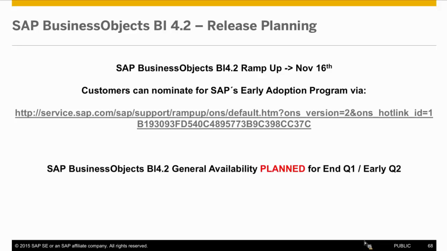But if you are running into issues during your upgrade from XI 3.1 or 4.0 into the BI 4.2 platform, we may turn down your support request because you're running an unsupported version. Upgrading or updating 4.1 SP6 into 4.2 is like applying a support package.